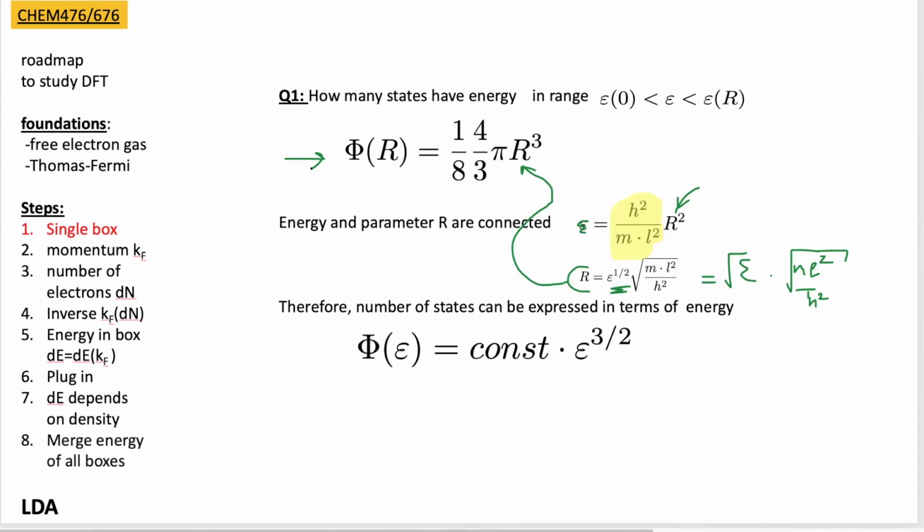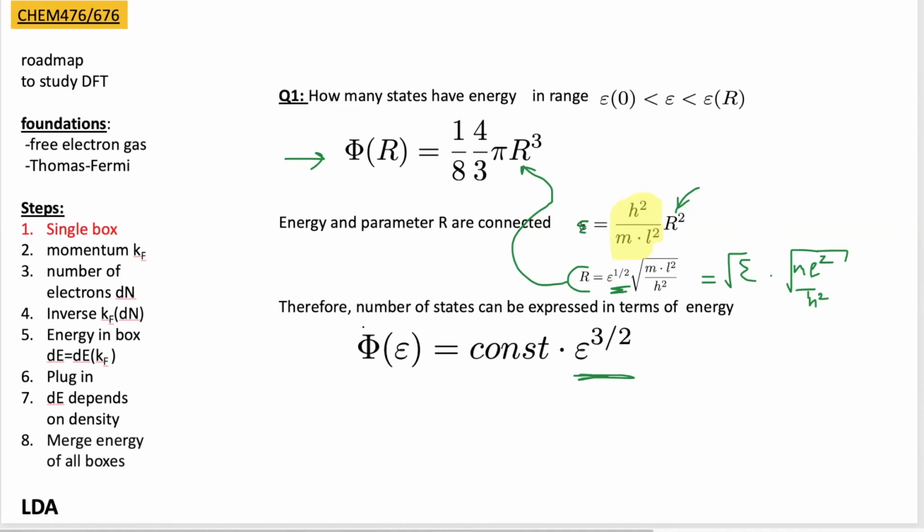So let's save time and forget about the constant and this mass, length, Planck constant. Let's just get the main thing. So if you have a square root in the power 3, then it will be energy to the power 2/3, right?